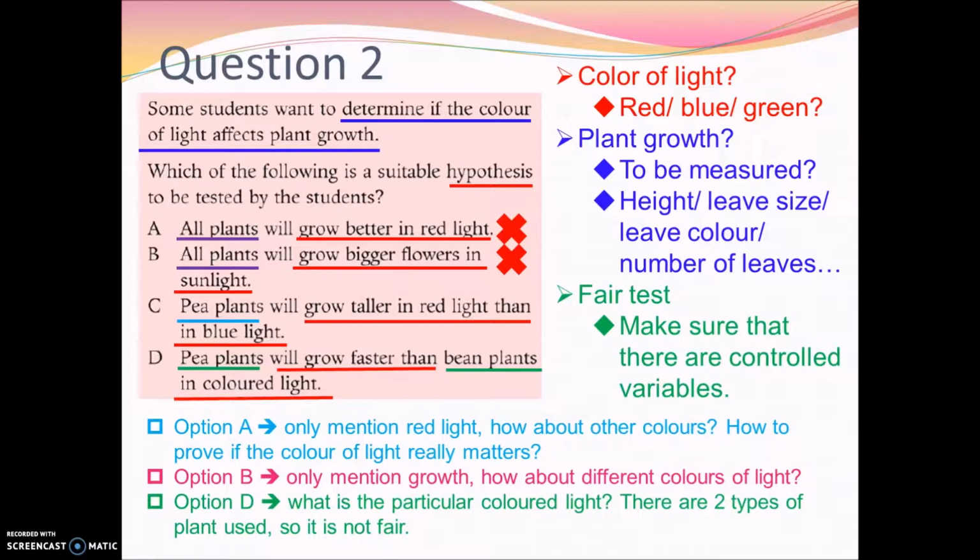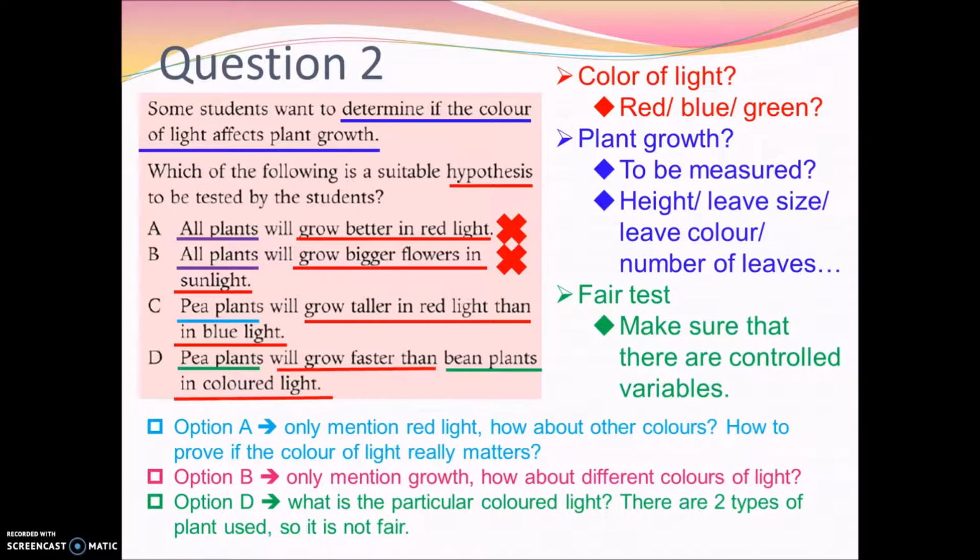And then for option D, it says that the pea plants will grow faster than the bean plants in colored light. First of all, what is the particular colored light? Red, blue, green? It doesn't mention. Also, the fatal reason is that it's not fair, because this experiment consists of two types of plant.